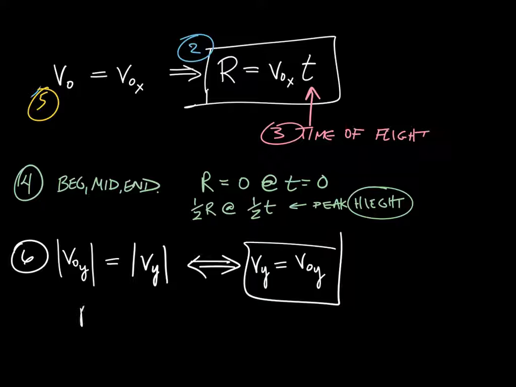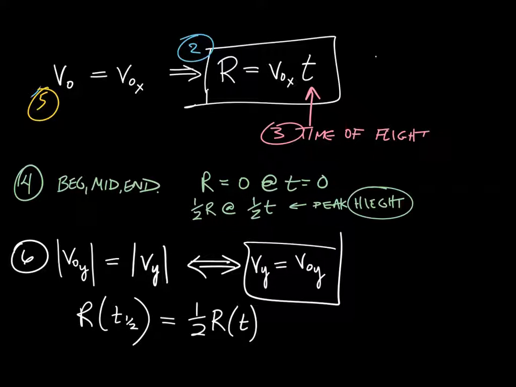So the range, okay, when time is half the time of flight, I'll put t1/2 for half time of flight, is going to be 1/2 of the range as a function of time, which is what I have up here. That is range as a function of time. We didn't write it R of t, but it is. R equals something, and the parameter is t, so it's a function of time.